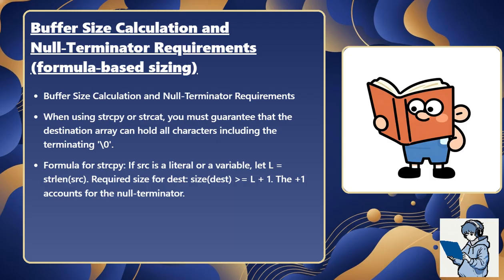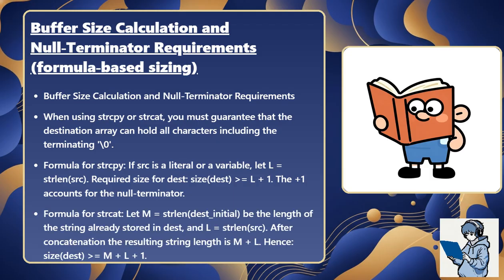Required size for destination is size of destination greater than or equal to L plus 1. The plus 1 accounts for the null terminator. Formula for strcat: let M equal the length of the string already stored in destination, and L equal the length of source. After concatenation, the resulting string length is M plus L, hence size of destination greater than or equal to M plus L plus 1.